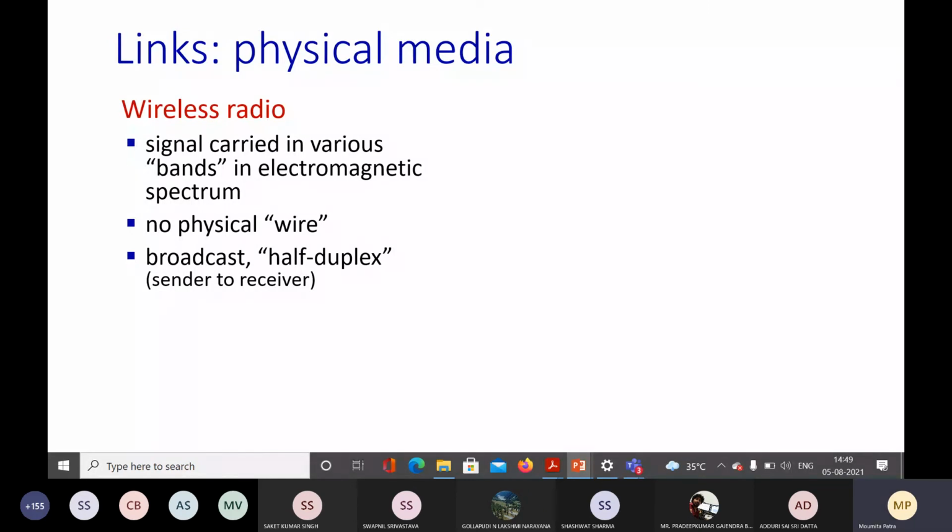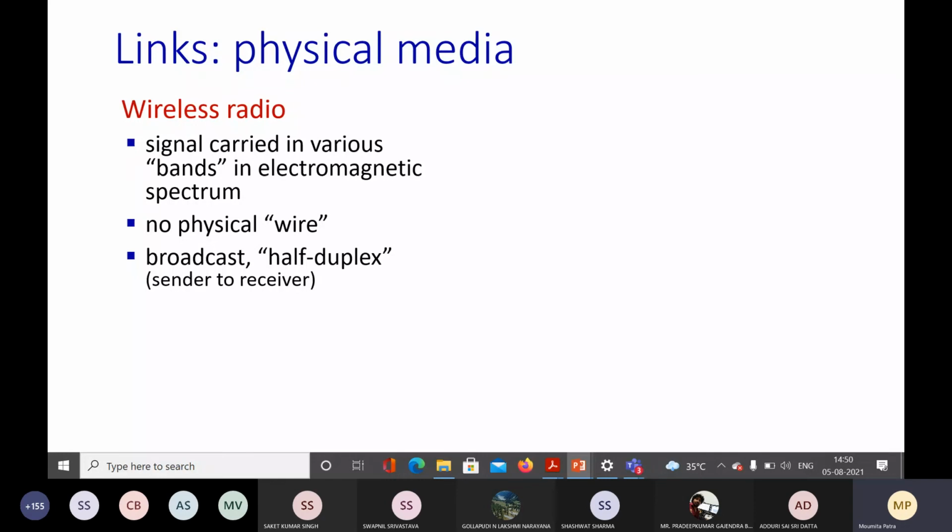In wireless communication, of course, you do not need your wire here. In general, what we do is broadcast information, right? No, I wouldn't say that in general you broadcast information. I would say that you can actually have the feature of broadcasting information.